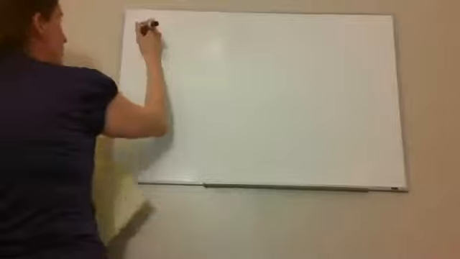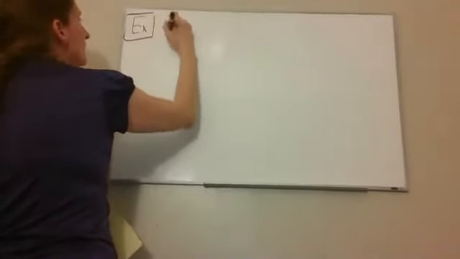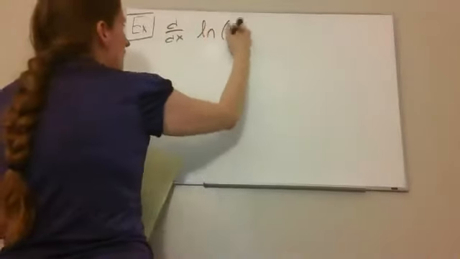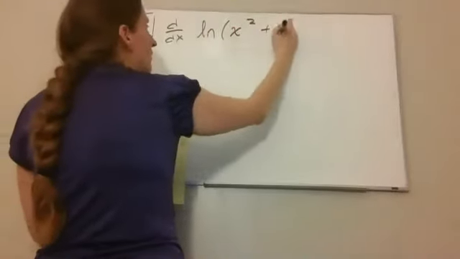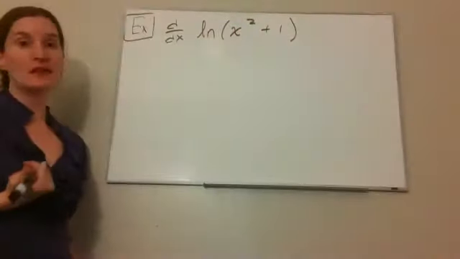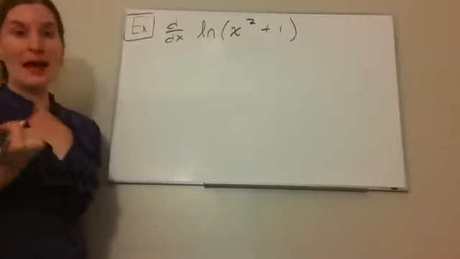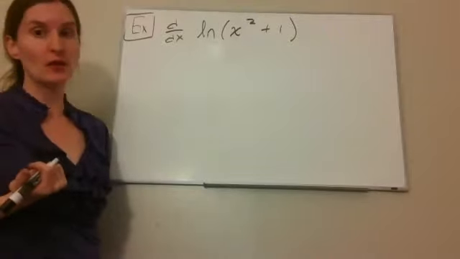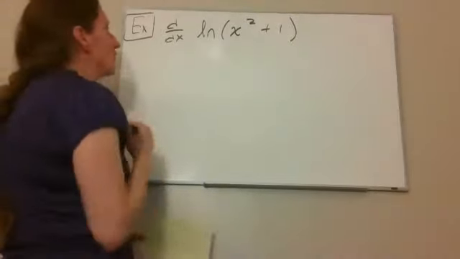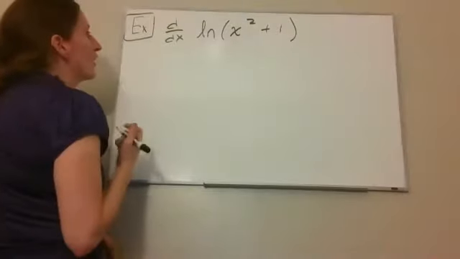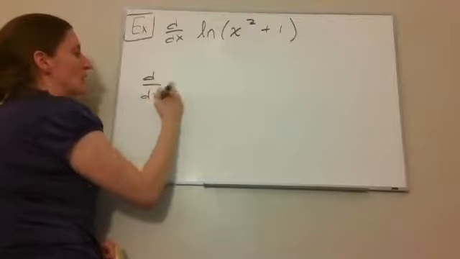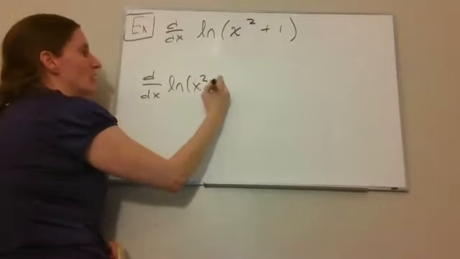Let's do the derivative with respect to x of the natural log of x squared plus 1. This is going to be a chain rule problem. My outside function is a natural log. The inside function is x squared plus 1. So the derivative of natural log of x squared plus 1, we start with doing the derivative of the outside function.